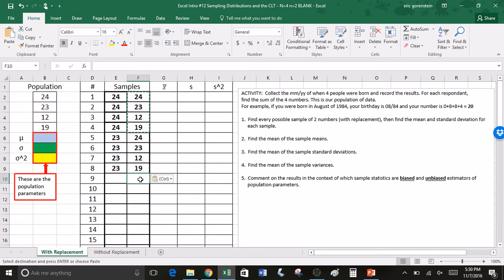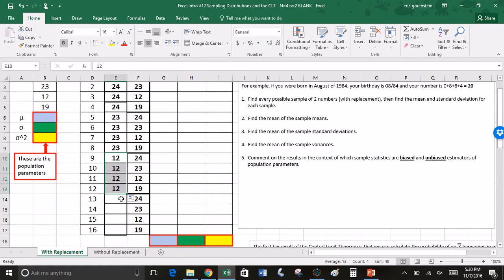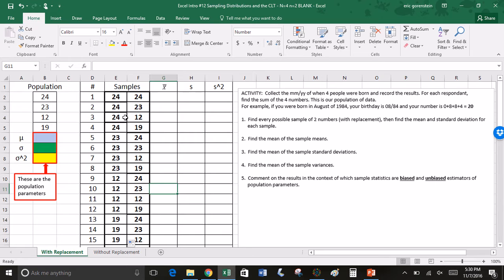Actually, just repeat this pattern. So the first value can be followed by any one of the 4 values. And the last number, 19, could be followed by the 24, 23, 12, or 19. Okay, so however you do it, exhaust all possible samples of size 2.